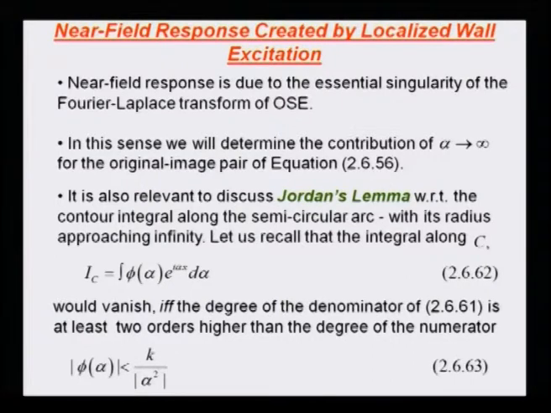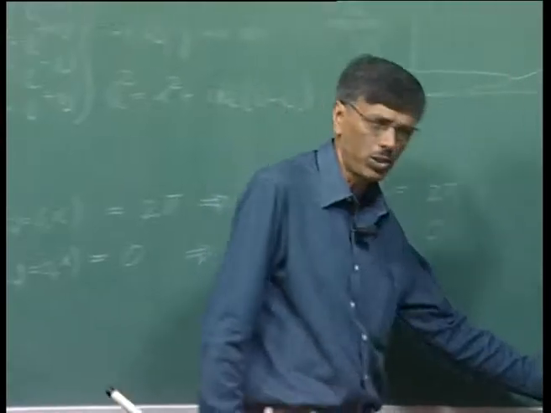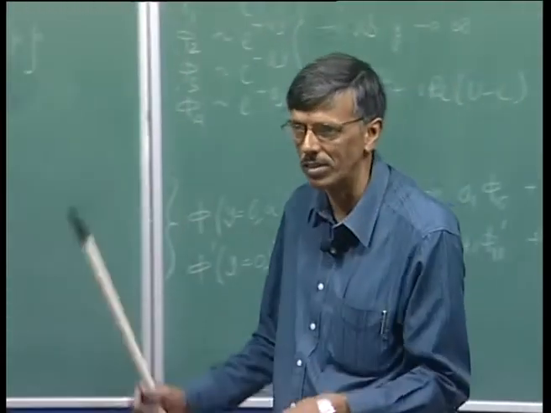So, that is what we say, the original image pair we should know. Now, if you recall, when we were discussing the Cauchy integral and the properties of the eigenvalues, what did we see? We used Cauchy's integral formula and we indented the contour around those eigenvalues and closed it.